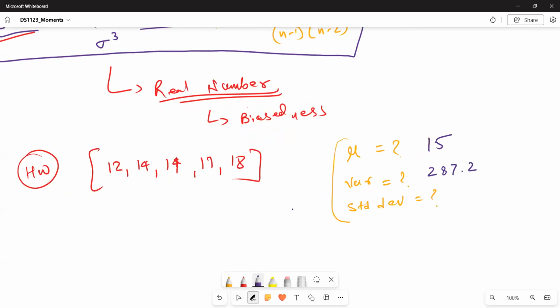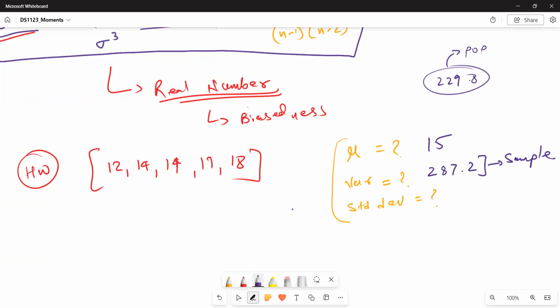If you take the square root of this value, make sure it is not 229.8. This was for the population, but we are taking everything as a sample, hence this is for sample. So you have to calculate the sample values.